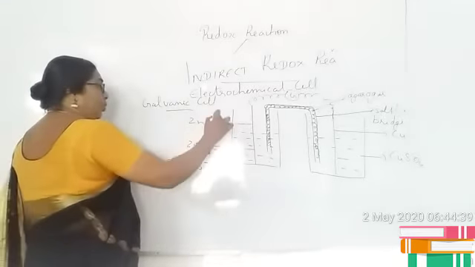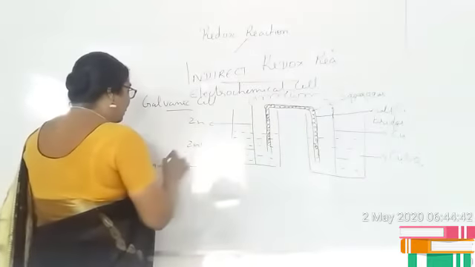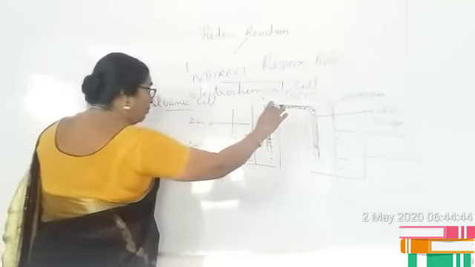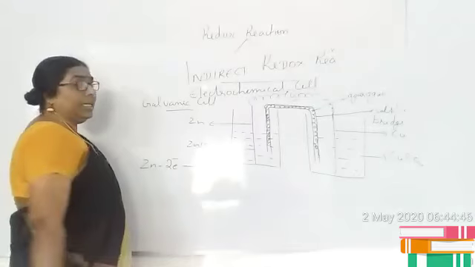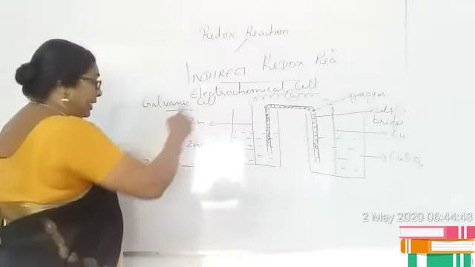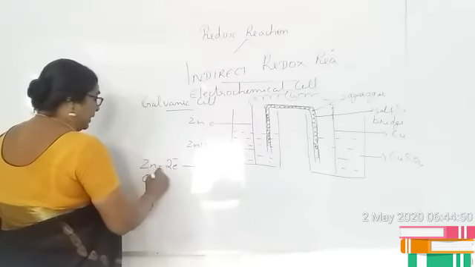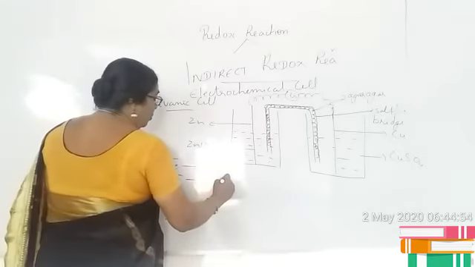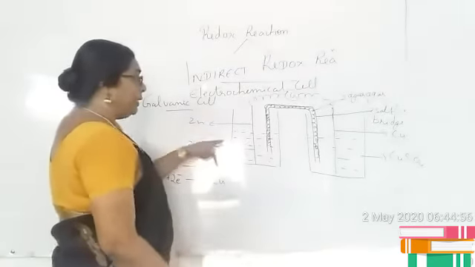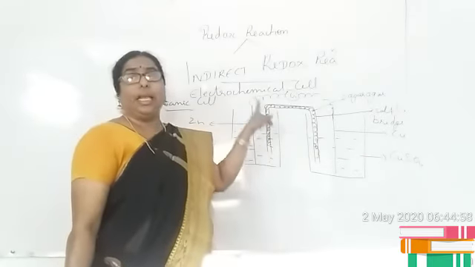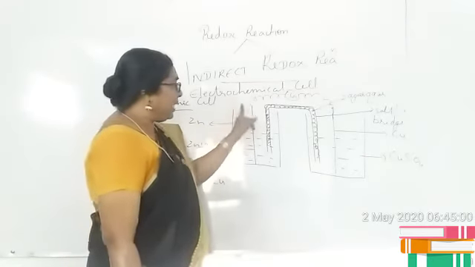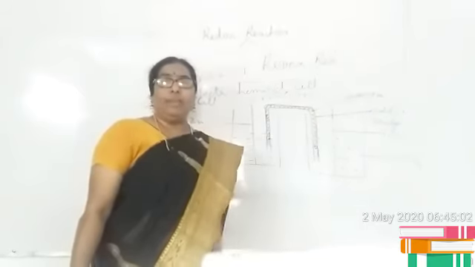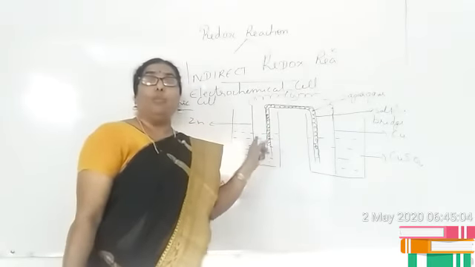These electrons will pass through the galvanometer and pass through the copper wire, and in the galvanometer you can see the deflection. The copper ions which are present in the other beaker will gain these electrons and get converted to copper. So here by the movement of galvanometer you can see that electrons flow from zinc to copper and the conventional flow of the current is from copper to zinc.